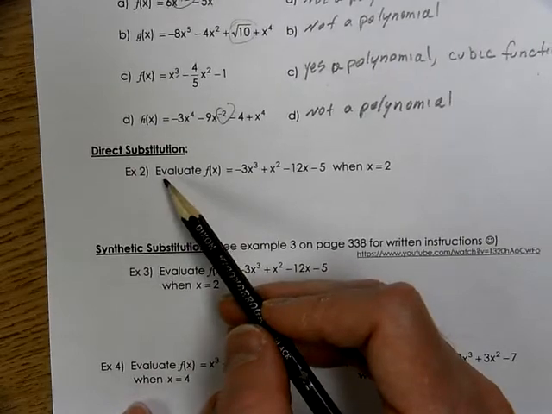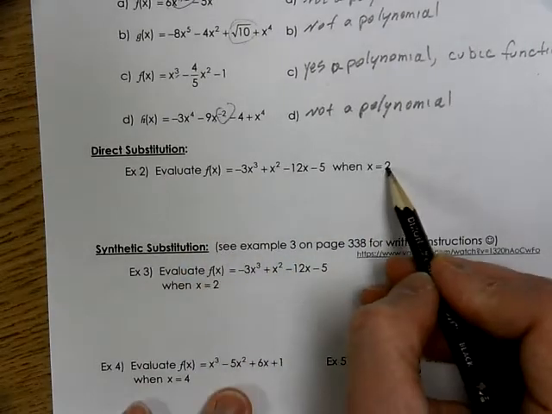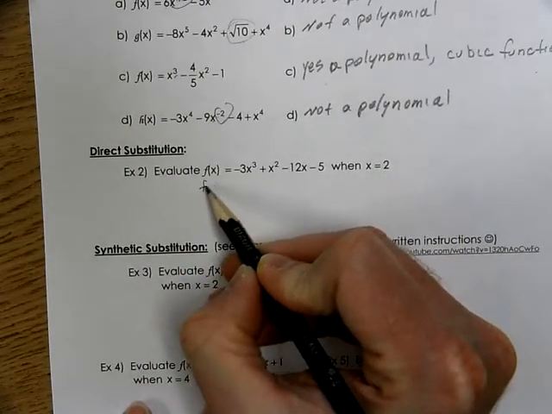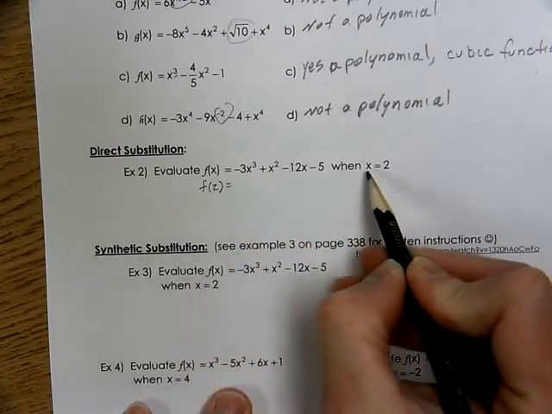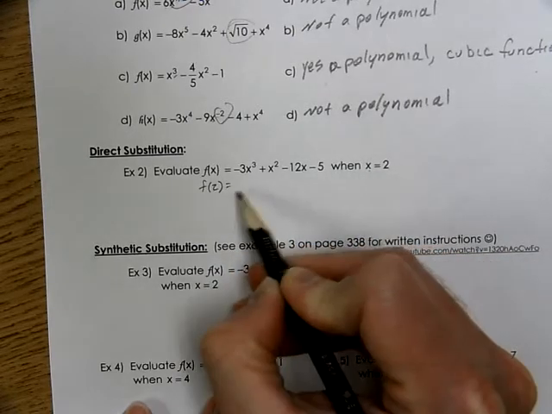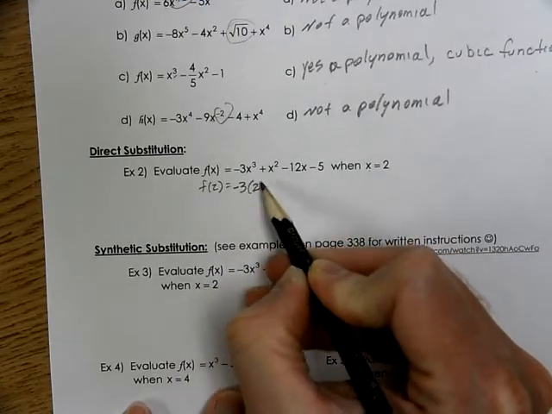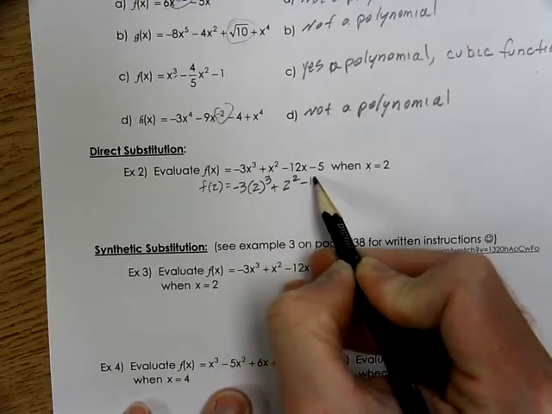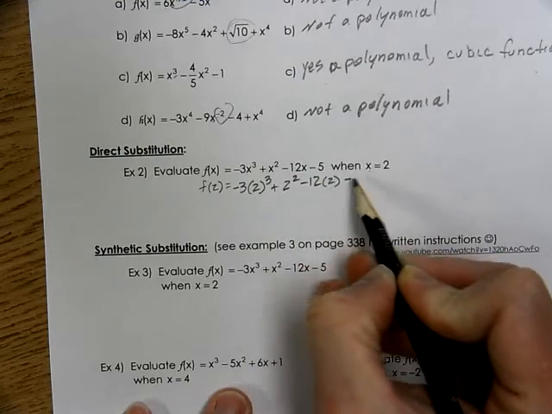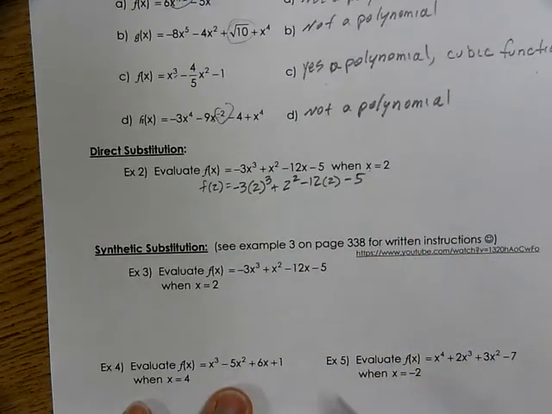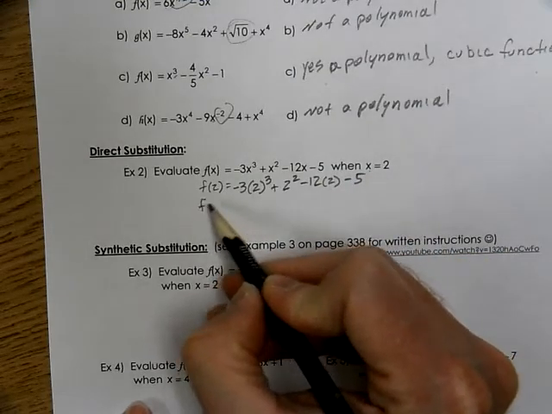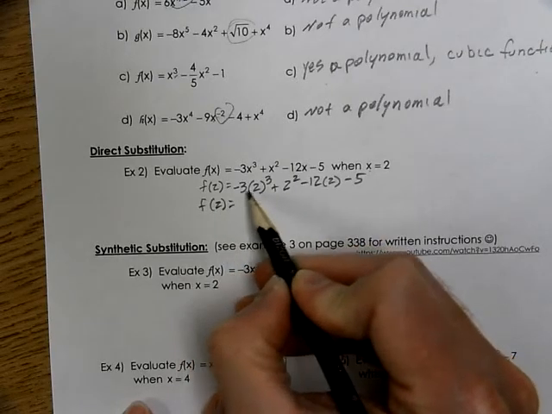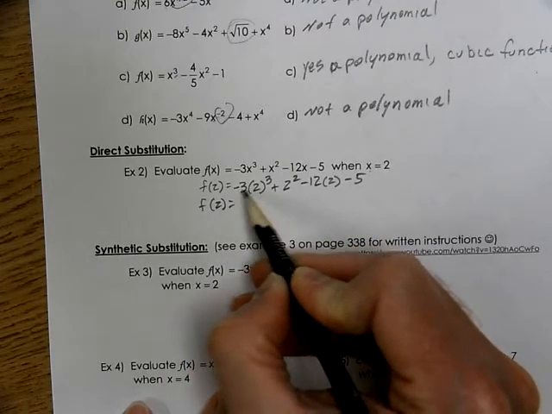Direct substitution. You've been doing direct substitution for years. This is where we like to say f of 2 because we're going to plug 2 in for x, and we do that for every term that has the x. Typically, this has got lots of calculations. We do not call this negative 6.